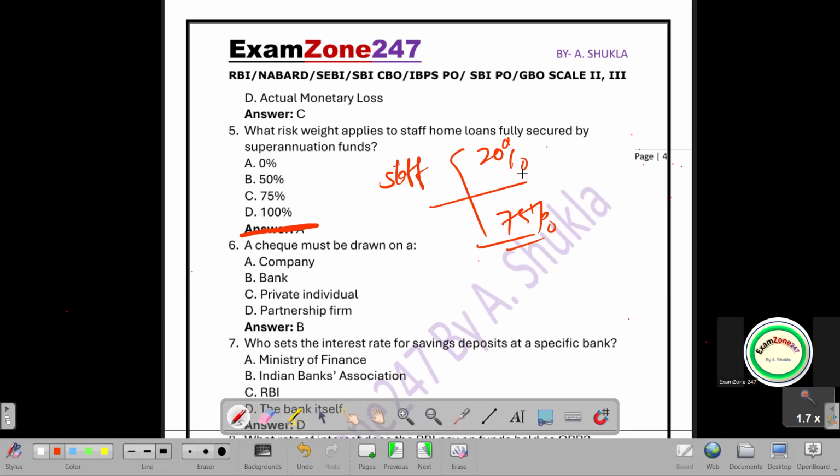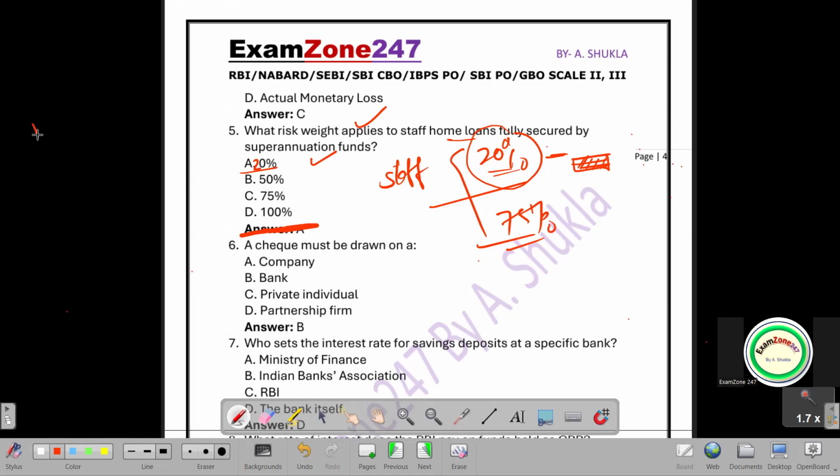Under regulatory retail or other portfolio, if they are secured by superannuation funds, like if you have taken a housing loan within staff, then this will be taken as a risk weight of 20%. See, here 2 is missing, that was 20%. What will be the risk weight of a staff loan? That will be 20%.